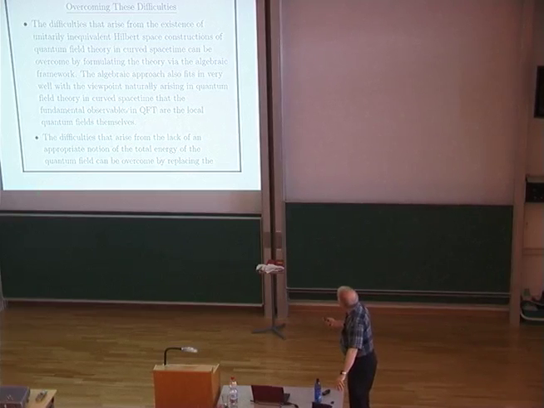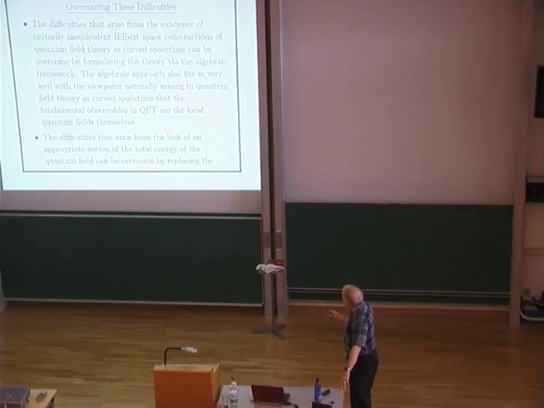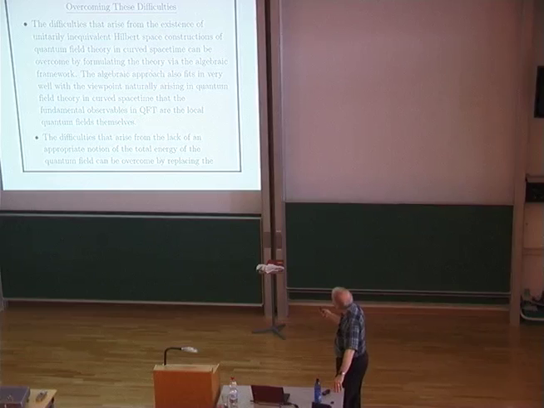Since one is getting away, as I've already indicated, from any notion of particles, any notion of S matrix, etc., in the curved space-time context, the algebraic approach really also is extremely compatible with the idea that the fundamental observables are the quantum fields themselves that make up, at least in the viewpoint that I'm taking, the algebra that one is working with.